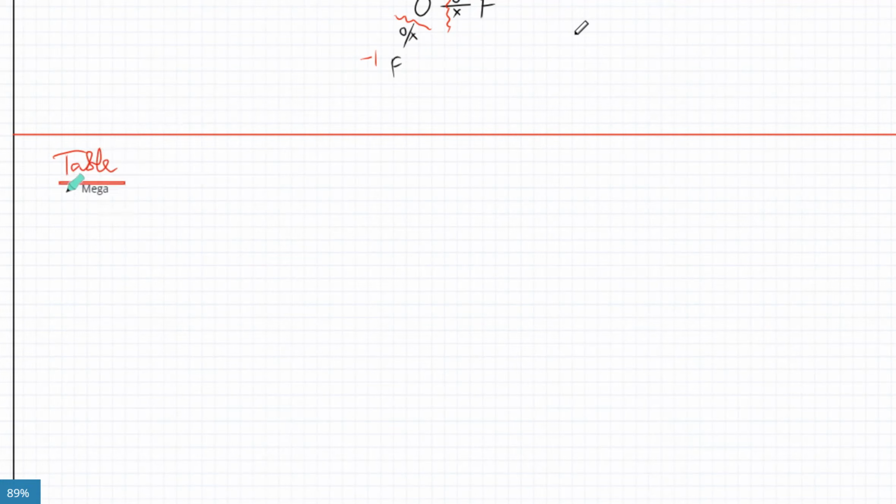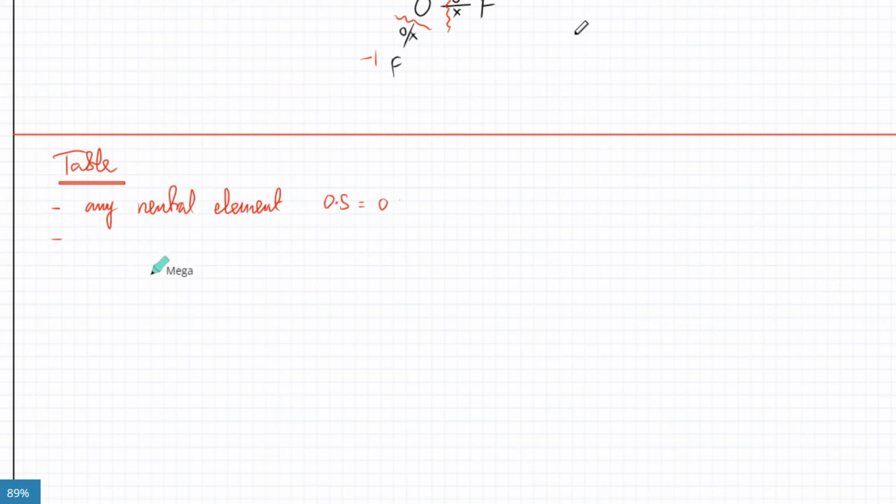The first rule, or the shortcut for figuring out oxidation state, is that any neutral element has an oxidation state, I'm just going to call it O.S., of 0.